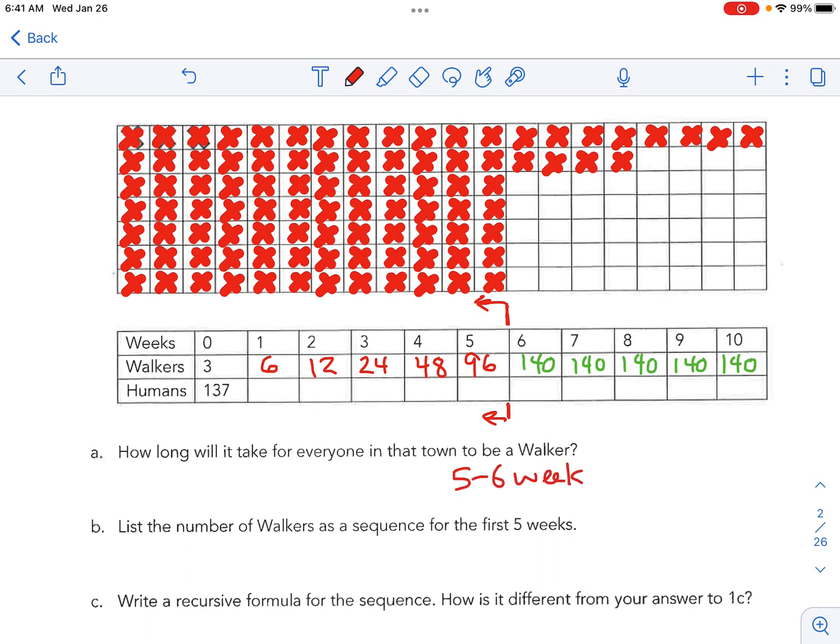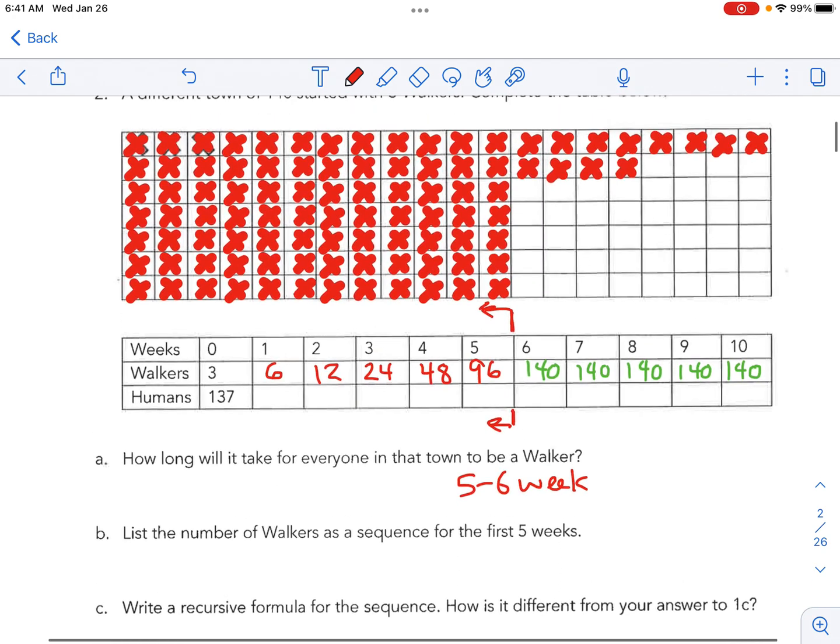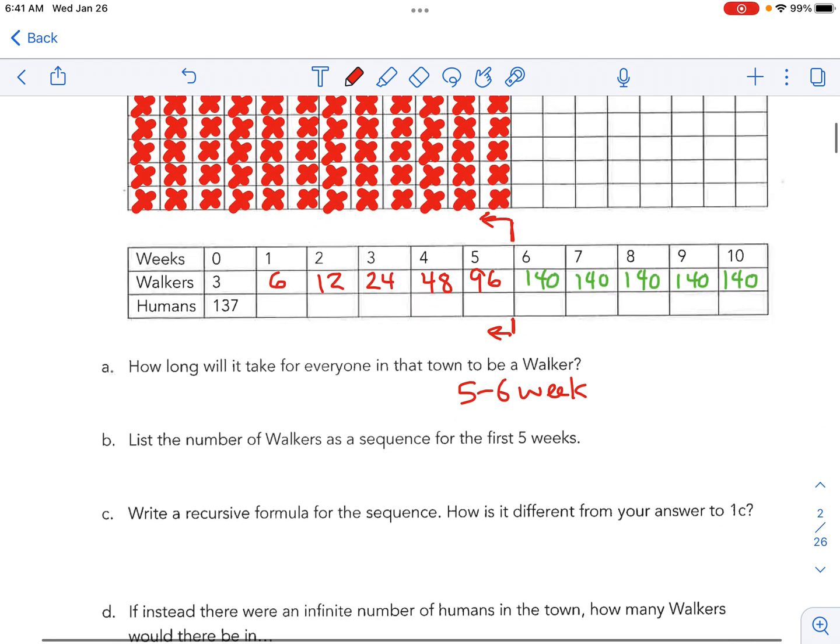So it's happening faster, and it's happening faster because we started with more zombies to begin with. So let's make this sequence now. This sequence starts at 3, and then goes to 6, then 12, then 24, then 48, then 96. And so we still have that doubling.